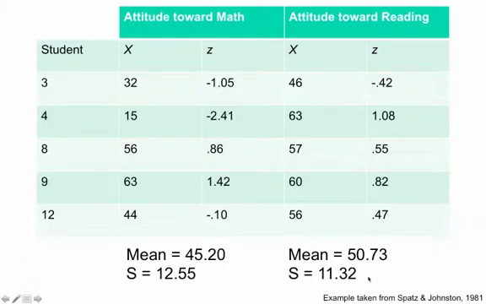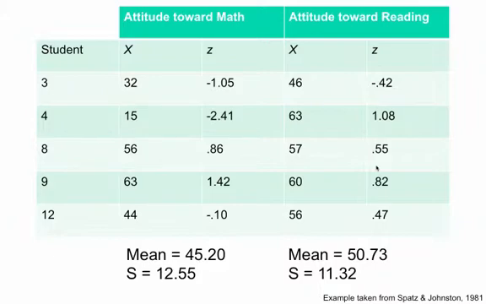So overall, the students surveyed had a more positive attitude toward reading, and their attitude toward mathematics was more varied. In this table, I've included data on just 5 of the students. You can see I have a column with their raw scores and also a column with their z-scores. So with the help of z-scores, let's try to make some sense out of the results of these 2 surveys.